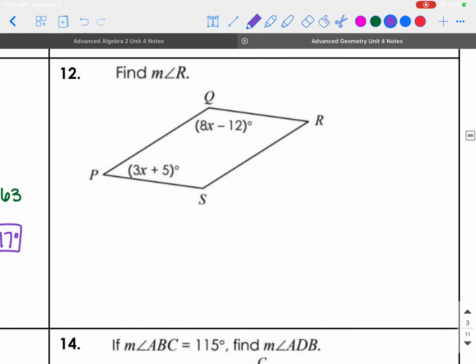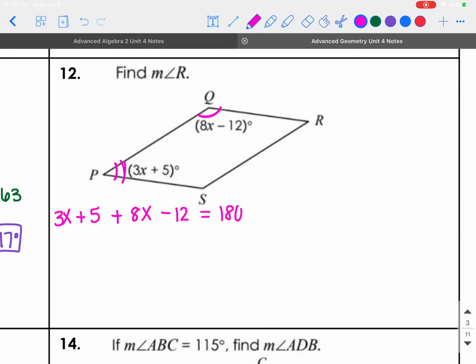All right, number 12 gave us consecutive angles. So if I added these two angles together, they total up to be 180. So 3x plus 5 plus 8x minus 12 equals 180.